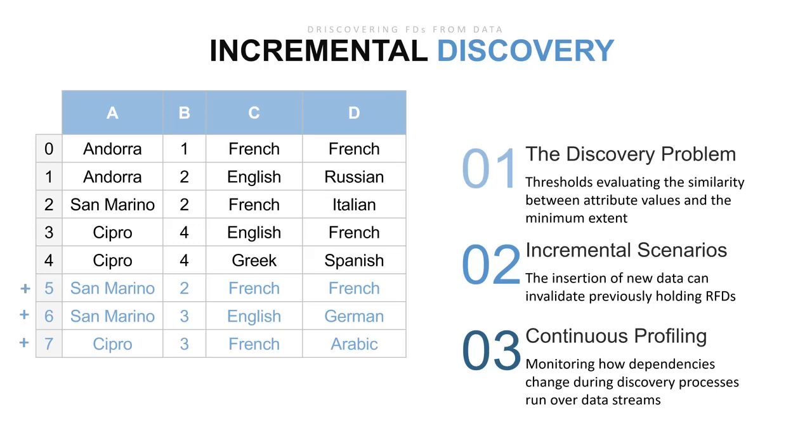Moreover, recent proposals deal with incremental or continuous data profiling scenarios, in which dependencies are updated after the insertion of new tuples in the data, as in this example. So we particularly focus on such kinds of scenarios, which enable us to discover RFDs also from data streams.